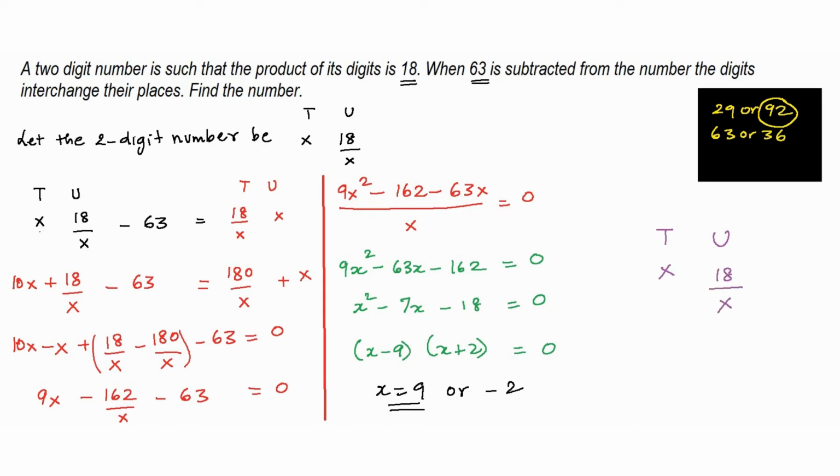X is equal to 9, so I can replace x with 9. So this becomes 9. And 18 upon x becomes 18 upon 9. 18 upon 9 is 2, right? And therefore the number is 92. Therefore the two-digit number is 92. So pausing for a minute.